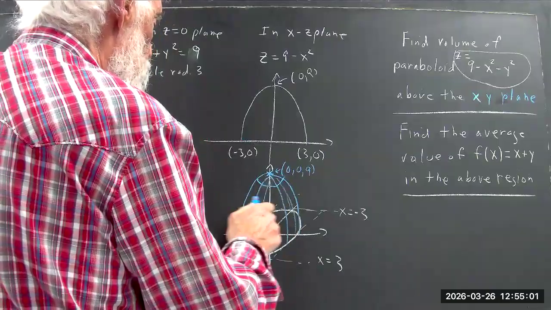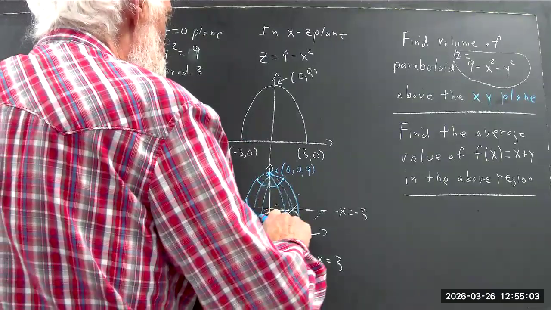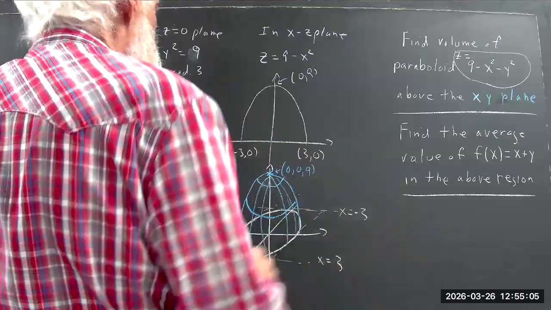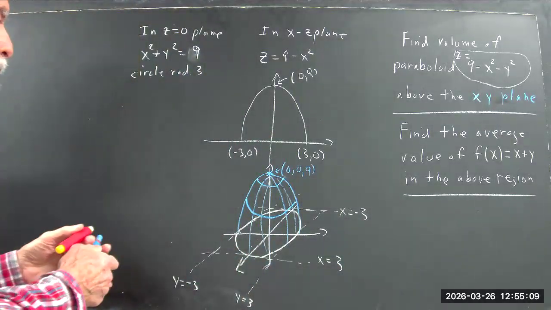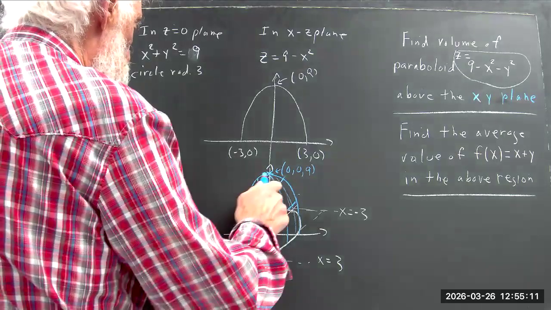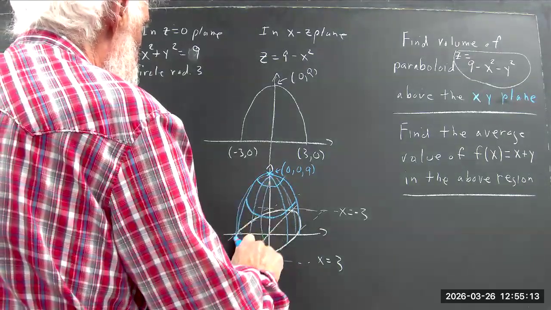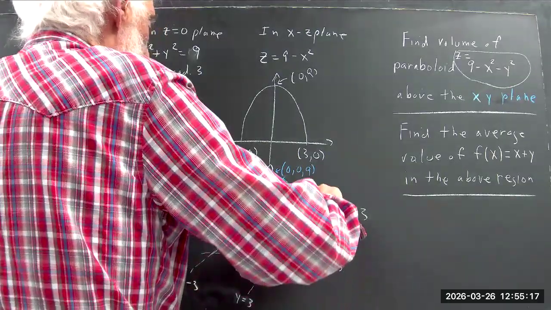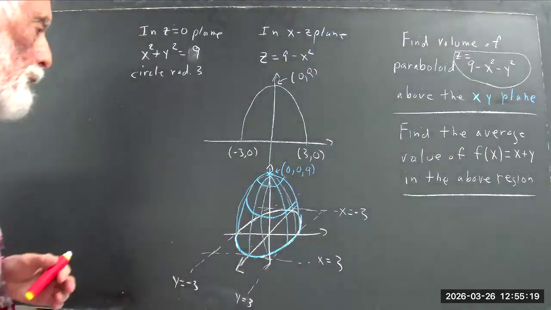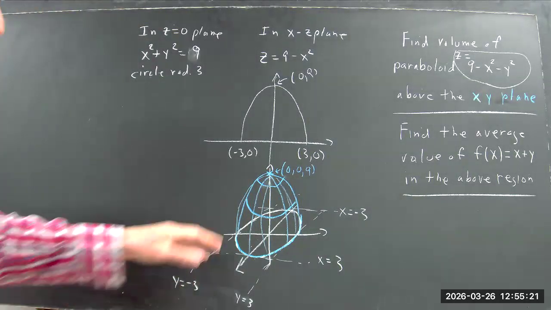Come up to z equals 5, which might be about here, and we get a circle of radius 2. Down here in the xy plane, we have a circle of radius 3. Now if we take the visible parts of this thing, which go from here to here and around to here, and maybe we can see a little bit of this, then we ignore all the white stuff.